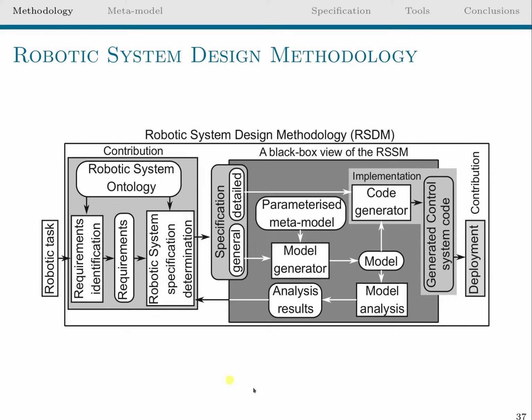Currently, our previous research required the designer to provide an appropriate specification, but it didn't answer the question how to provide a specification. Of course, it said what parameters should be provided, and we explained how those parameters can be presented in the robotic system specification language, but we didn't answer the question how to define those parameters, how to obtain them based on the requirements. So our contribution of this article is presented here on the left side.